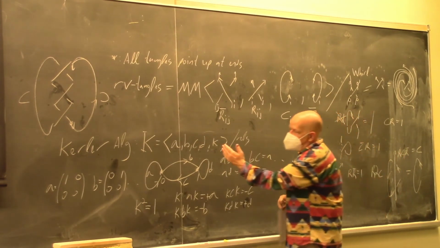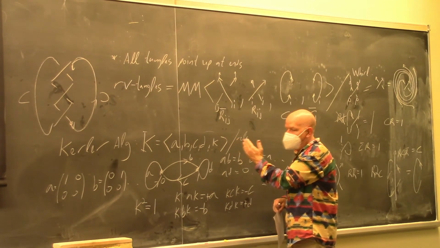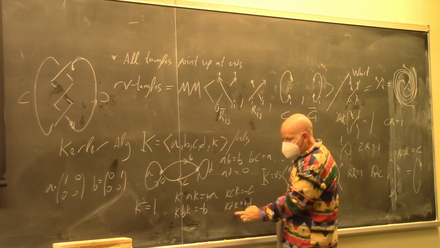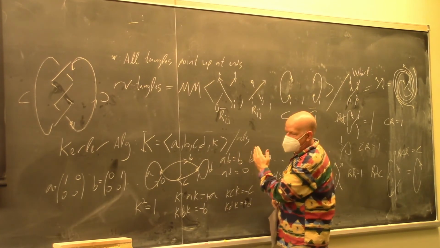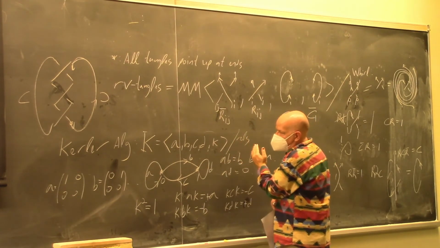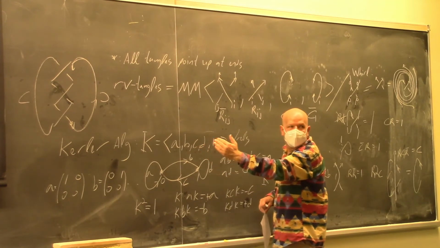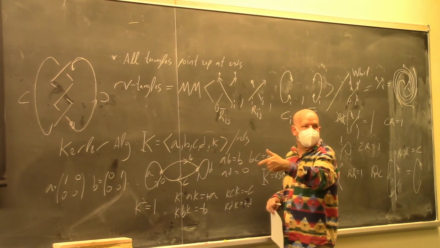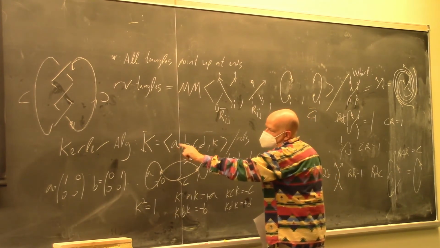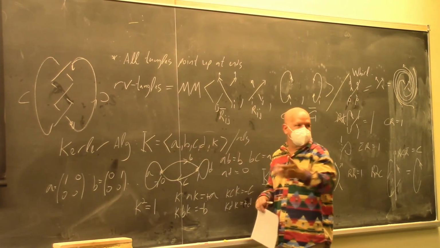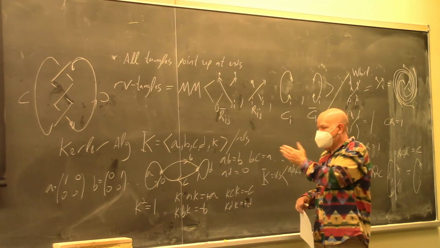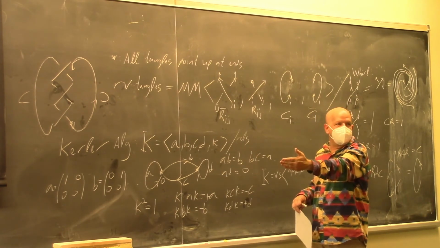And then, if an expression also has a K, I can move all the K's to the left using this relation. Every time I cross it with a B or a C, I get a negative sign. When I cross it over an A or a D, the sign doesn't change. If there is another K, I can move it to the left too.